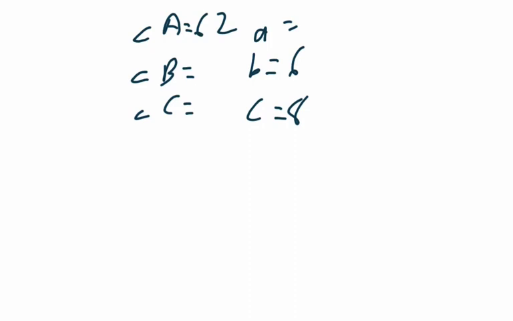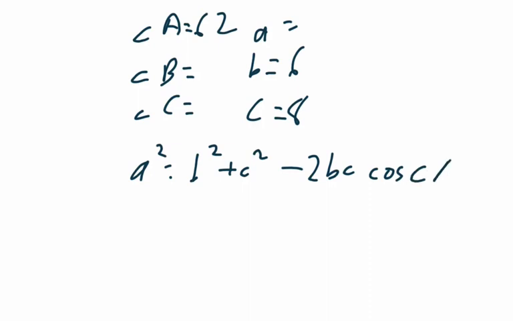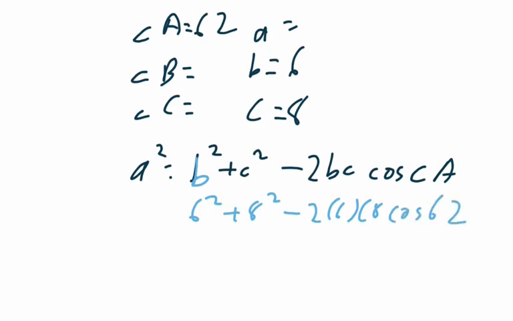Alright, for this one, I can't use the law of sines, so I have to use the law of cosines. So I'm going to do 6 squared plus 8 squared minus 2 times 6 times 8 cosine of 62 equals a squared.